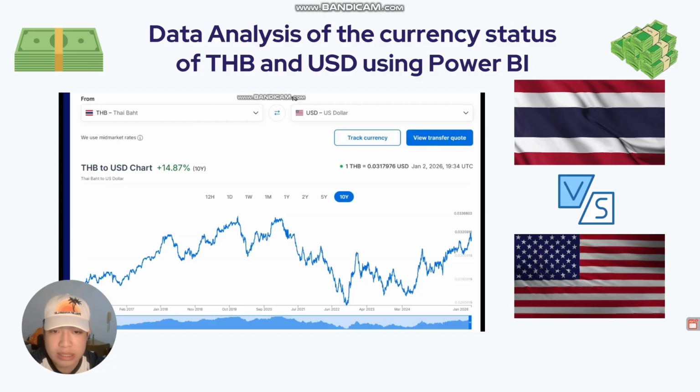From the chart, it can be seen that there is no completely linear relationship between THB and USD. Their correlation is limited and they are easily influenced by other macro factors. Overall, USD is volatile and THB is relatively stable. Therefore, in exchange rate analysis, the focus should not only be on the numerical level, but also on volatility and risk management. Thank you all.